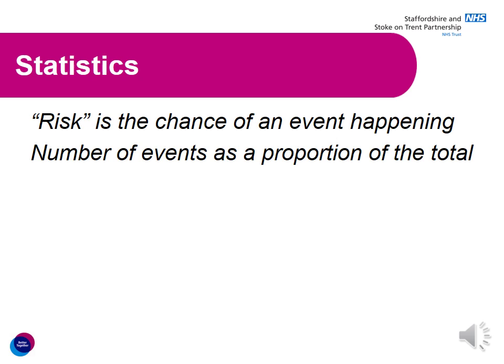Well, that's the chance of that event happening, isn't it? But you can also use the word risk in a similar way for positive events. So, for example, what is the risk of you winning the lottery if you buy a lottery ticket? In other words, what is the chance of that event happening? So you can use the word risk in that positive or negative sense.